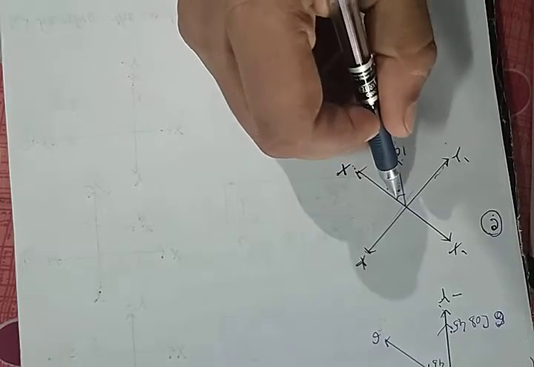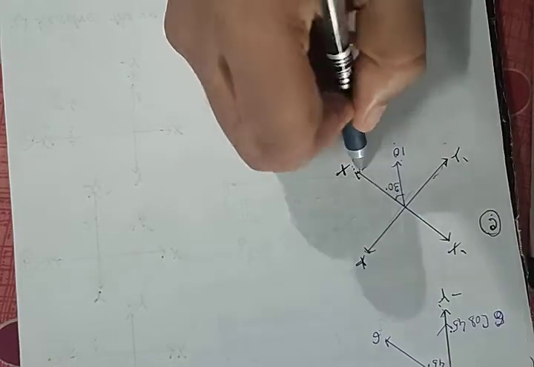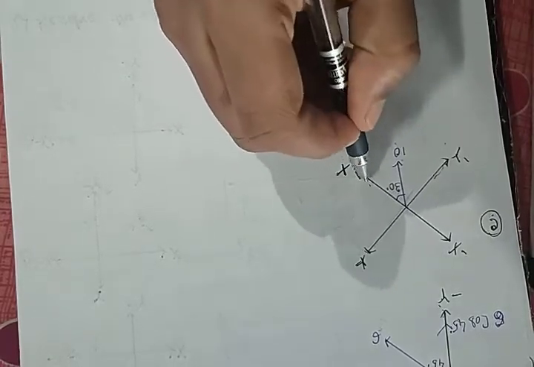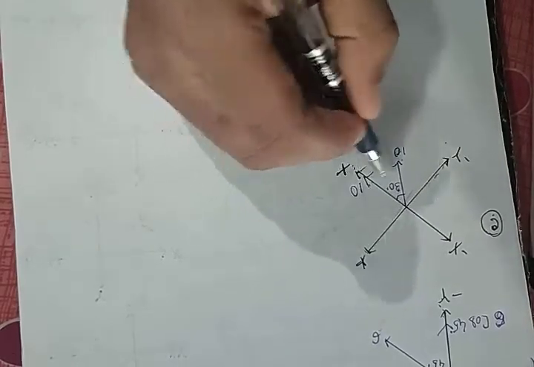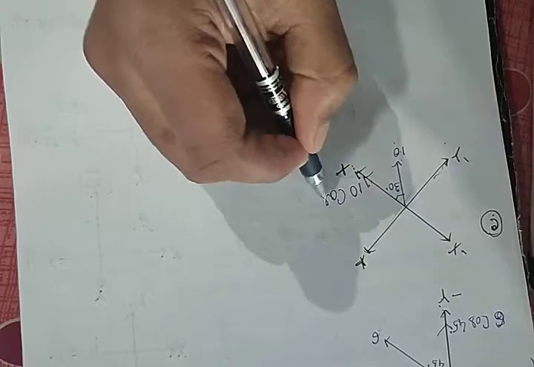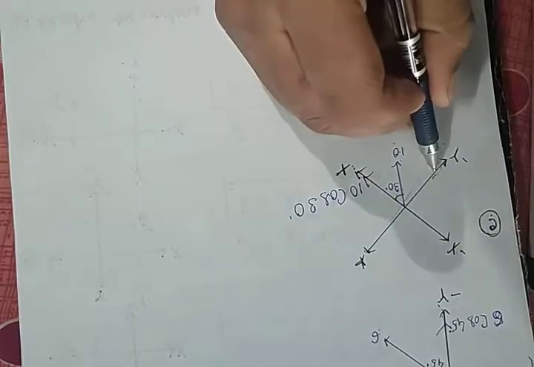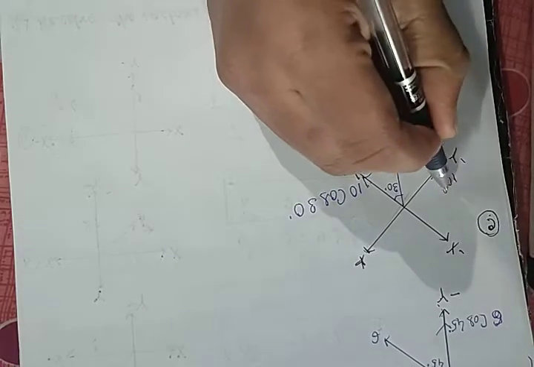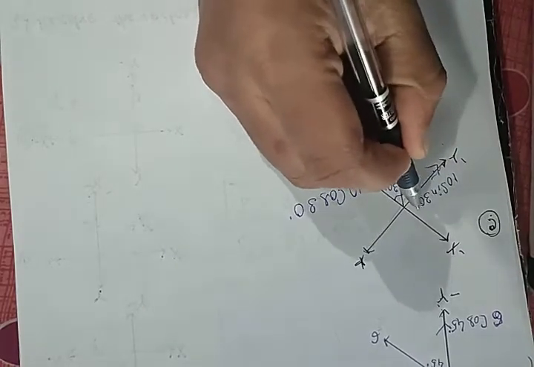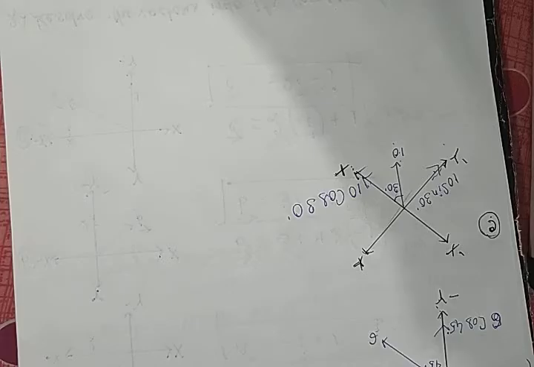Theta is with the positive x-axis, so this will be your cos component. Its magnitude is given as 10, so this will be 10 cos 30, and this part will be your sin part, 10 sin 30. So in this way you have to resolve the vectors.